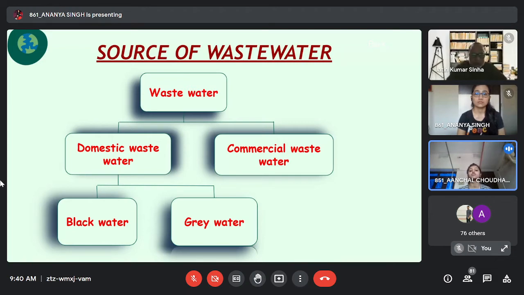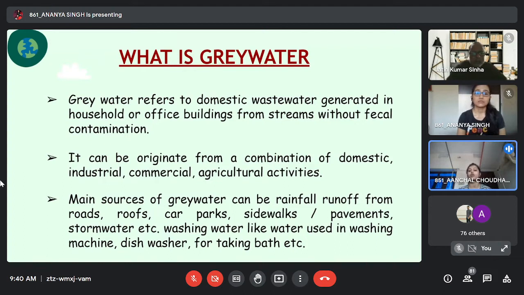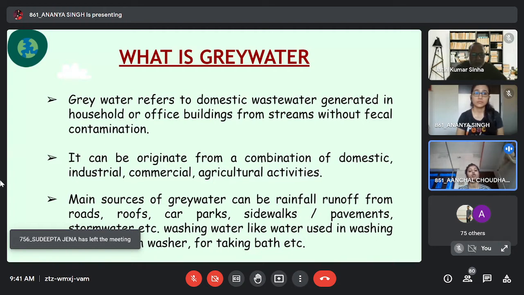Grey water refers to the domestic wastewater generated in households or office buildings from streams without fecal contamination. Despite its importance, over 80% of wastewater generated by society flows back to the environment without being reused or treated. It can originate from a combination of domestic, industrial, commercial and agricultural activities.